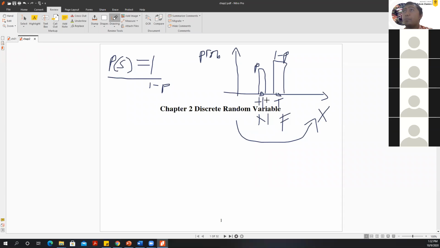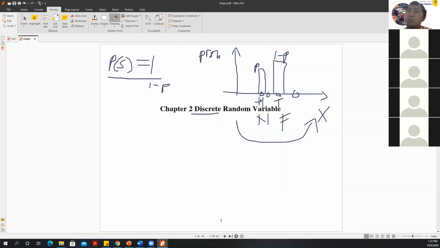Okay. Between head and tail, is there any value? No. After tail, is there any value? No. That's why we can say discrete.